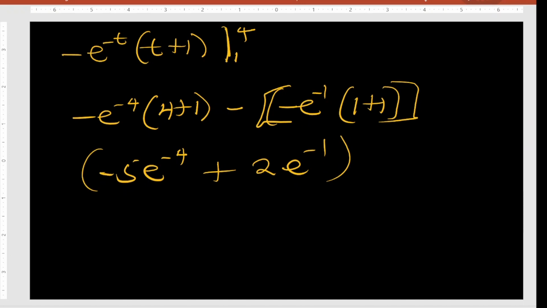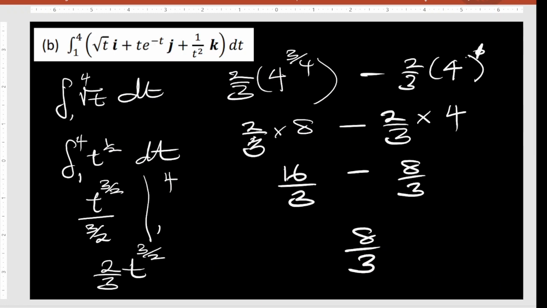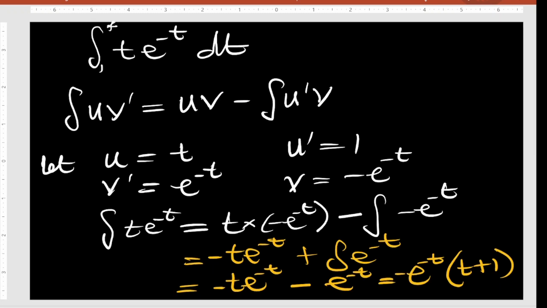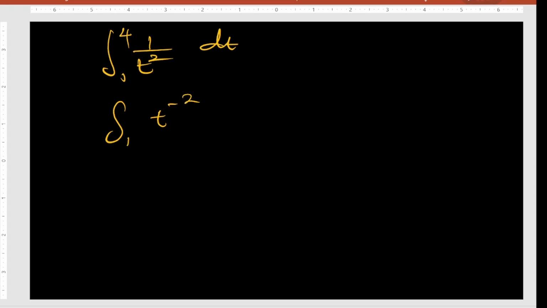Then we move on to the last component function, and that is 1 over t squared. The integral of 1 over t squared dt from 1 to 4 can be written as t power negative 2 from 1 to 4.